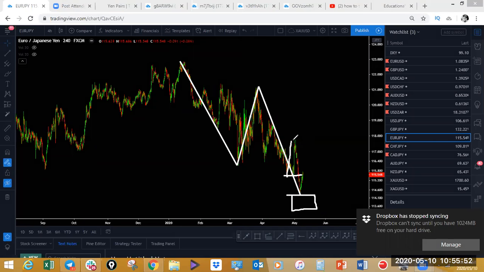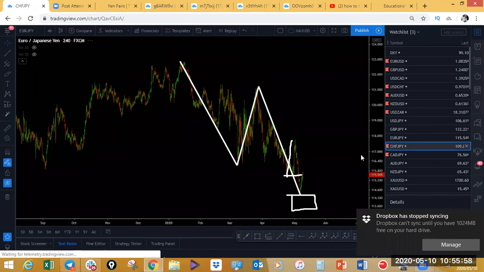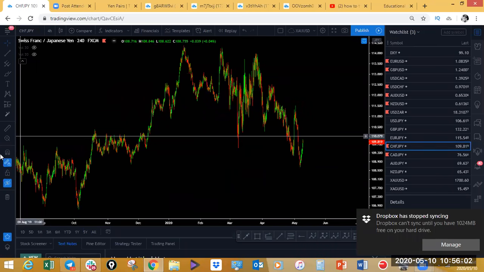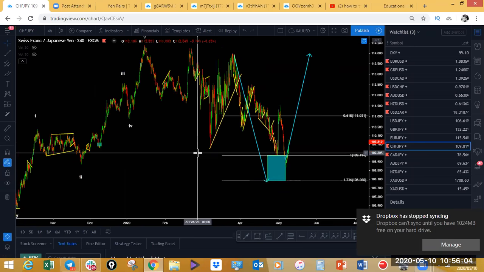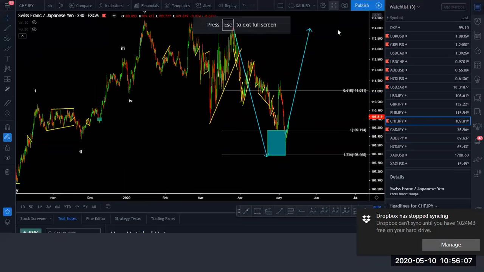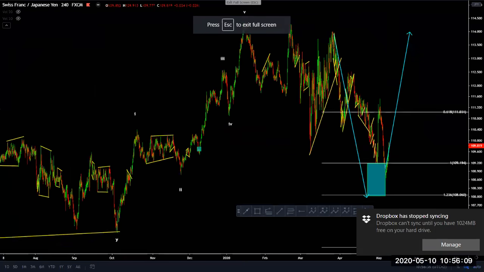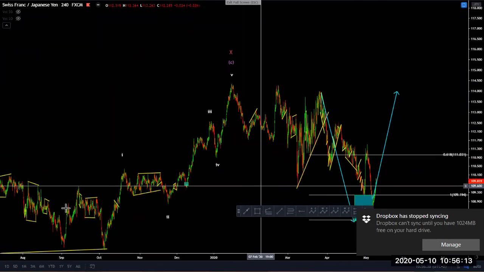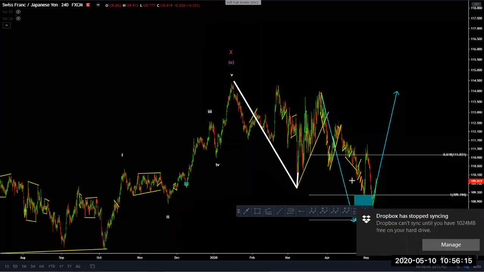Initially, this made a pullback here, and we thought that was the reversal. The reason we said that was the reversal, let's open CHFJPY, was because CHFJPY at the time had already reached its blue box. Okay, CHFJPY had already reached its level here. 1, 2, 3, it had already reached here.